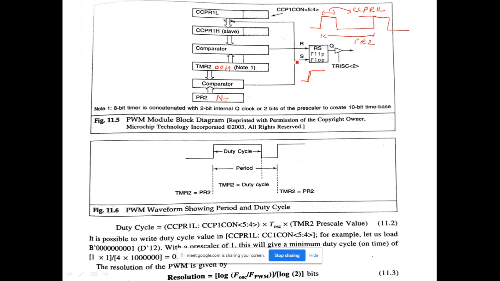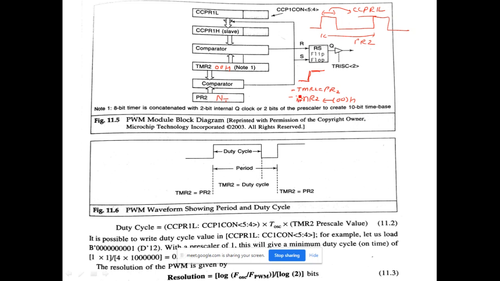So when TMR2 becomes equal to PR2, the output goes high, right? At the same time, TMR2 is loaded back with the count 0. So it is reinitialized.